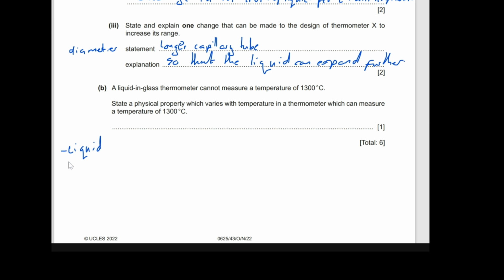We have the constant volume gas thermometer. We also have the resistance wire thermometer, or we call it the platinum resistance thermometer.